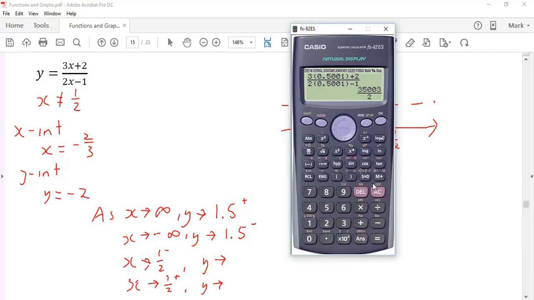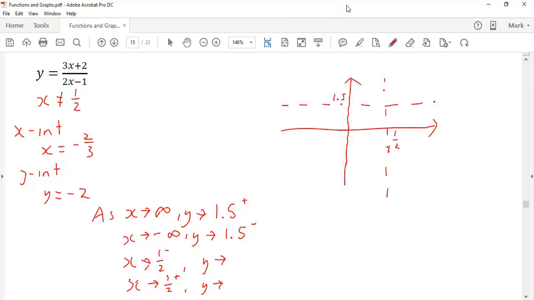And we know that that's a big number, so that's just saying it heads towards infinity. So we want a number on the left side of 0.5 that's small, so it's like 0.4, and then we just put 3 nines. And yes, you can see that heads towards negative infinity. So we'll write that down.